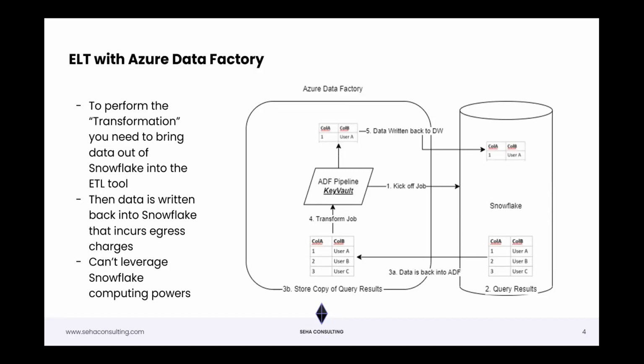Then you want to perform some transformation on it, so you send a query over into Snowflake, or any other data warehouse tool, but we're talking about Snowflake. Then the data comes back into your Azure Data Factory or your other cloud-based ETL tools. Then the transformation you're trying to perform on that data happens in that ETL tool.